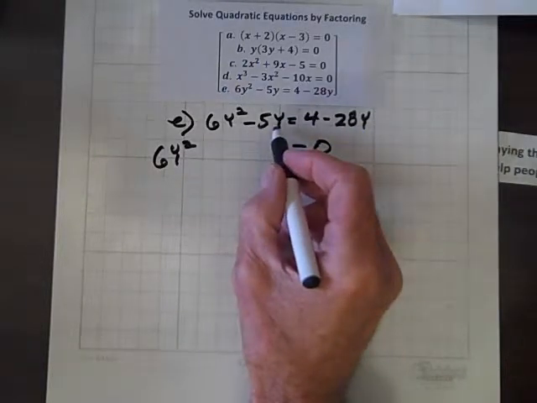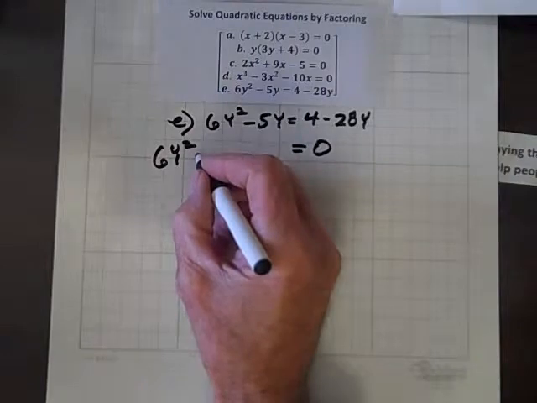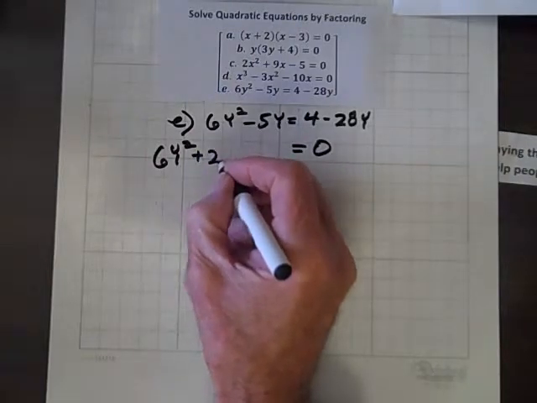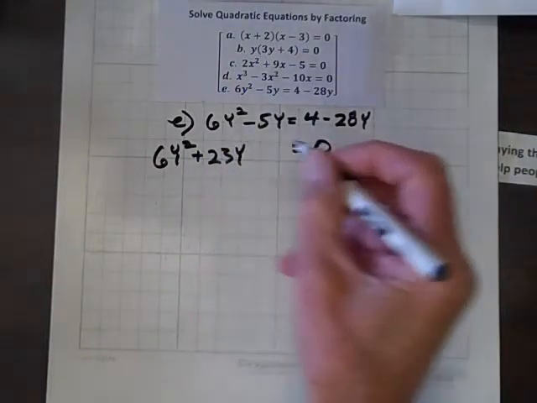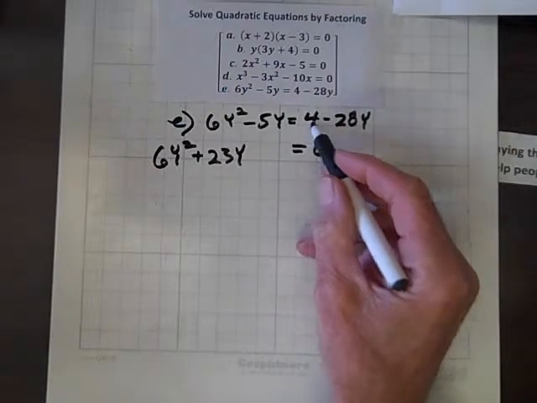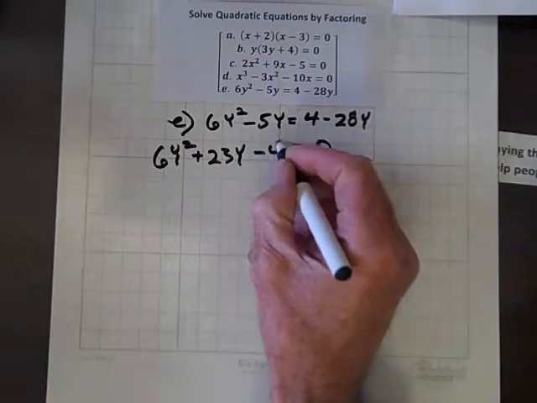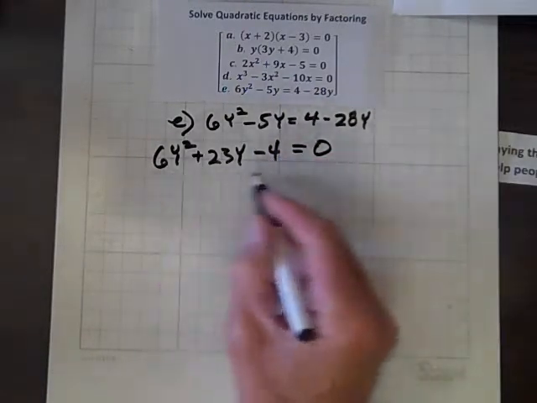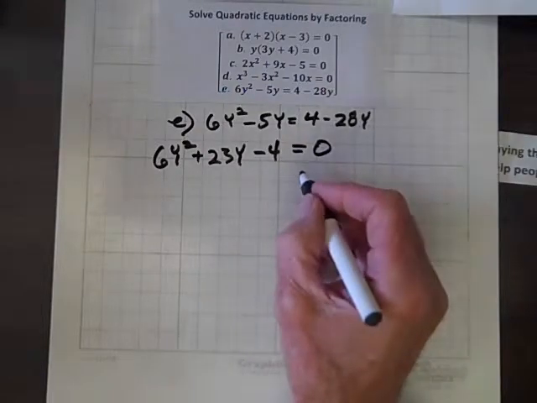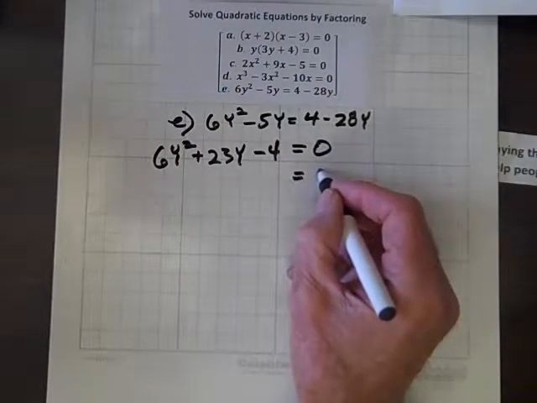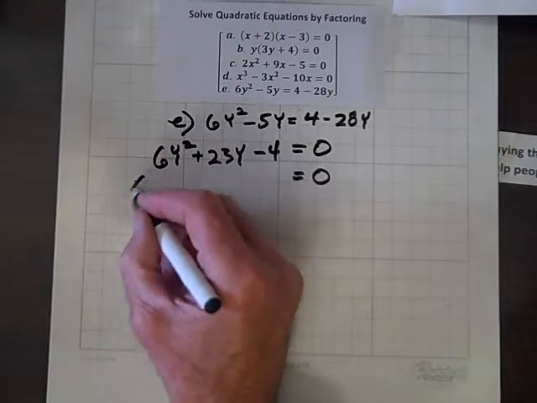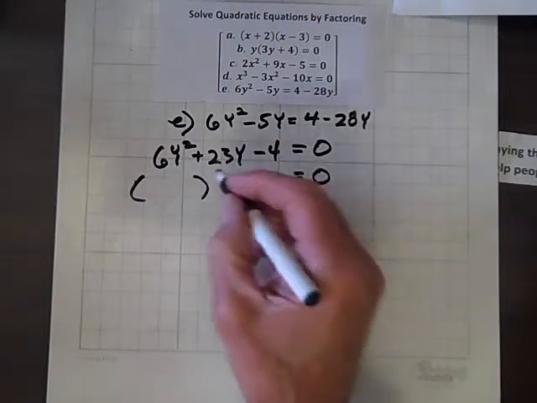And 28y minus 5y is 23y. And we will subtract 4 from both sides. And now here we have a quadratic equation that will factor.